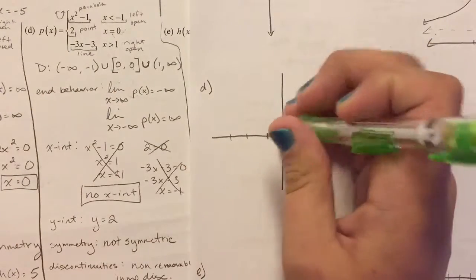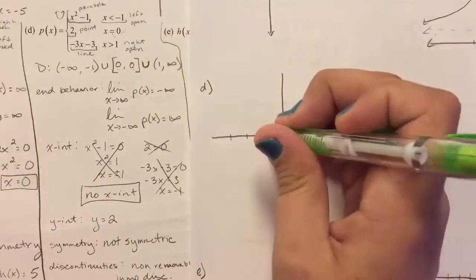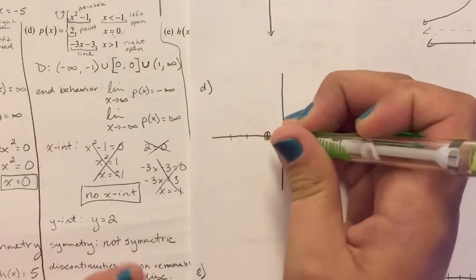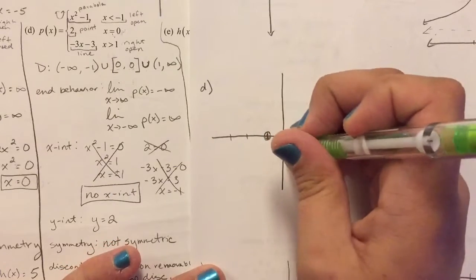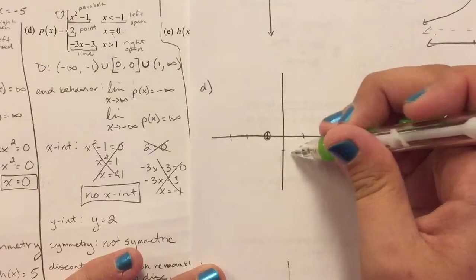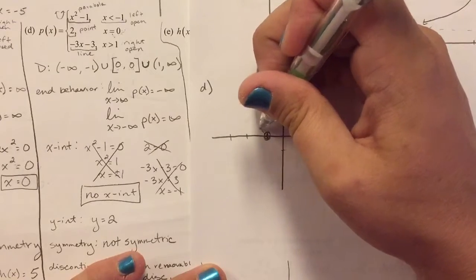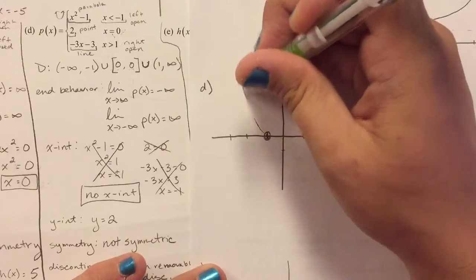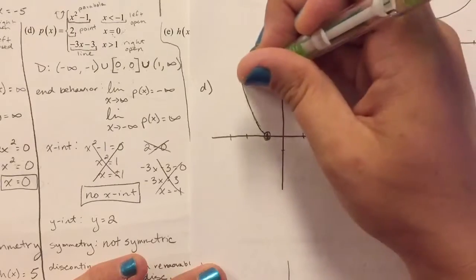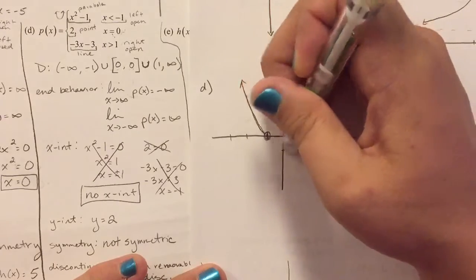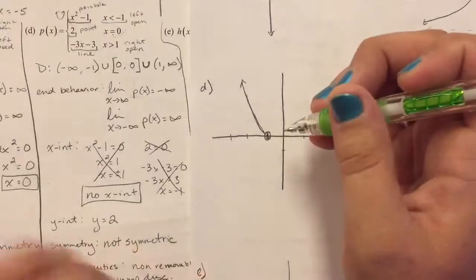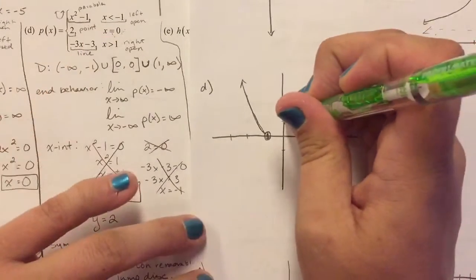So at -1, I'm at 0 and it's an open circle, okay? And I know that parabolas like that come in down here. So I know that this is this arm of the parabola, okay?